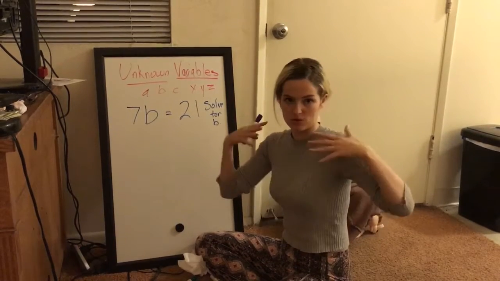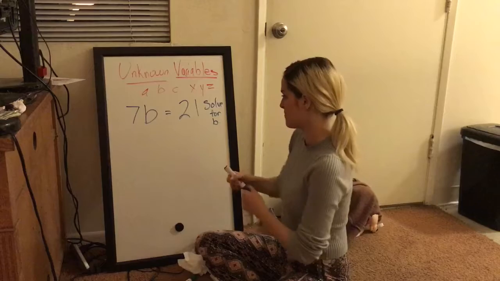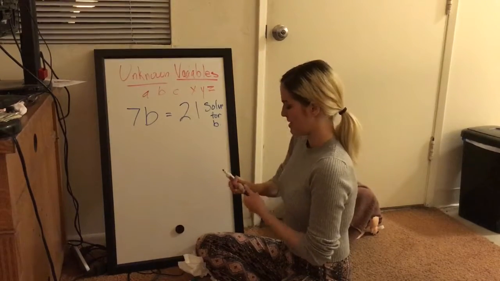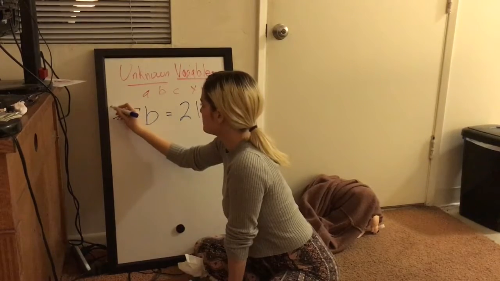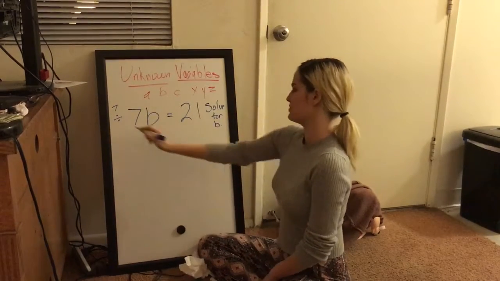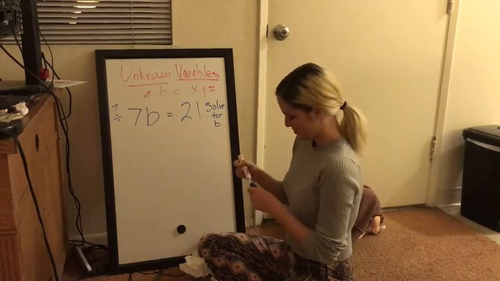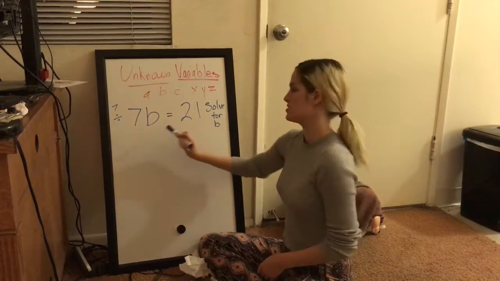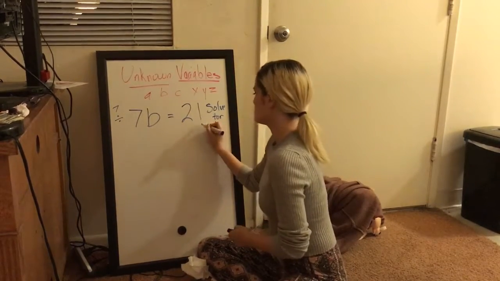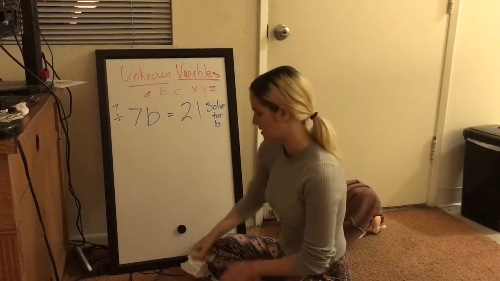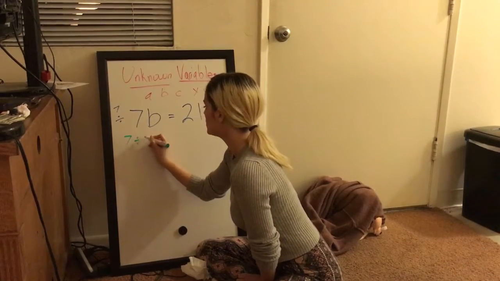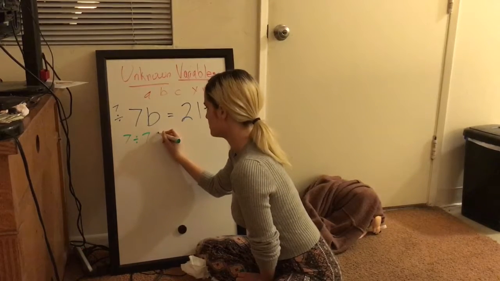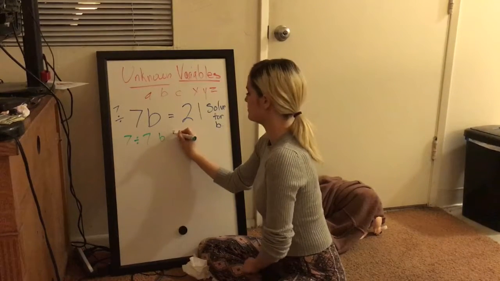It would be division. So we would divide by that 7 to get it out of the way. Divide by 7, just right there. And remember, whatever we do to one side, we do to the other. So actually, let's make a separate line, just so it's clear. Then we're just going to space them out a little bit.